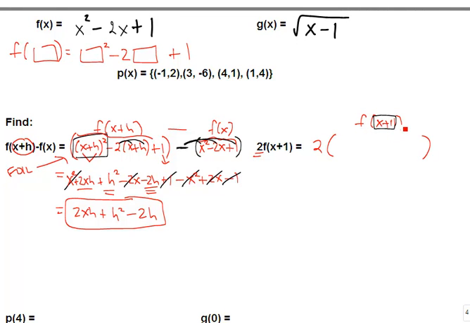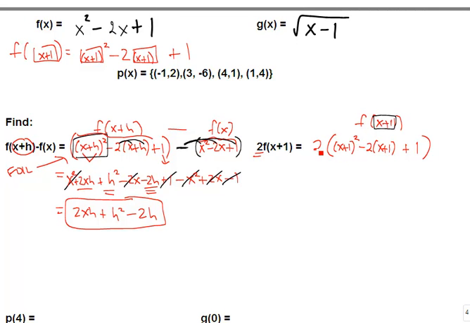So we want to take x plus 1 and put it right here, where that square is, and right here after that too. And to do it correctly, wrap this x plus 1 in parentheses. So f of x plus 1 should turn into x plus 1 squared minus 2 times x plus 1 plus 1. So where we had x's before in the original problem, we replaced those x's with x plus 1's.